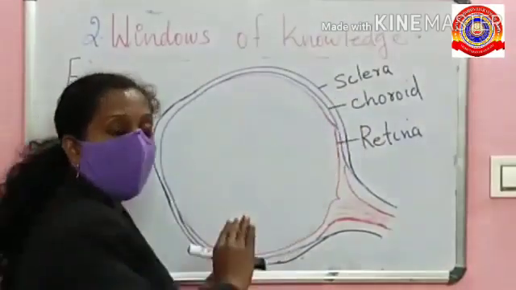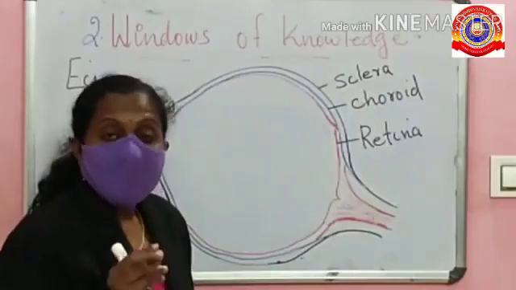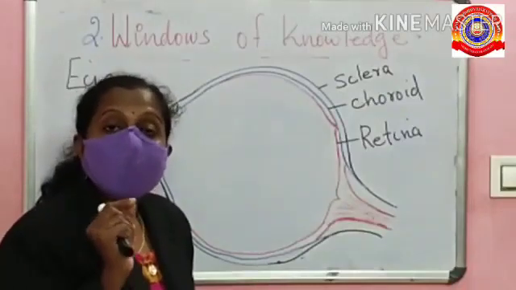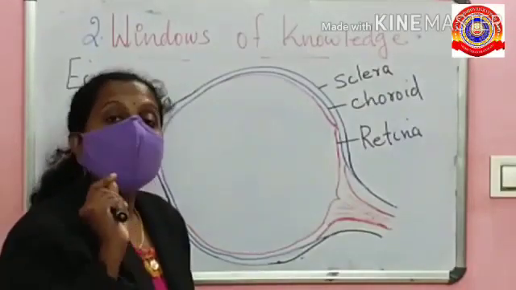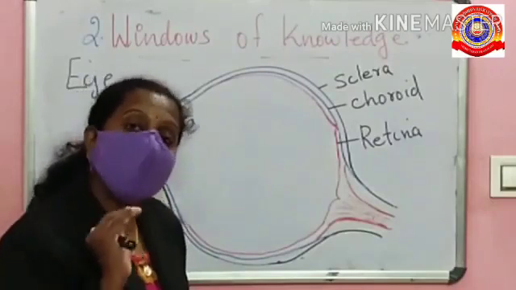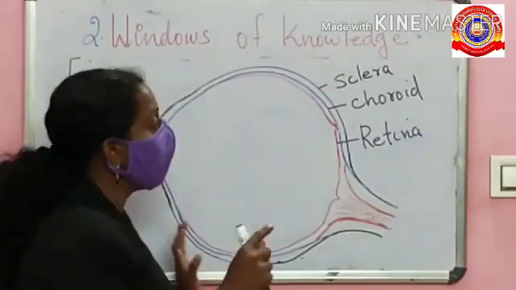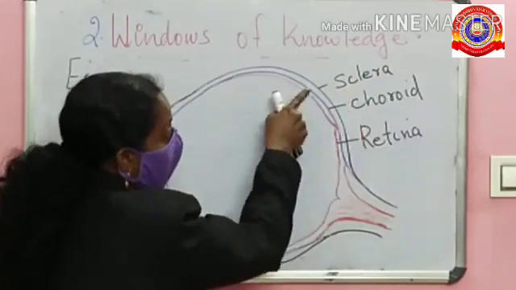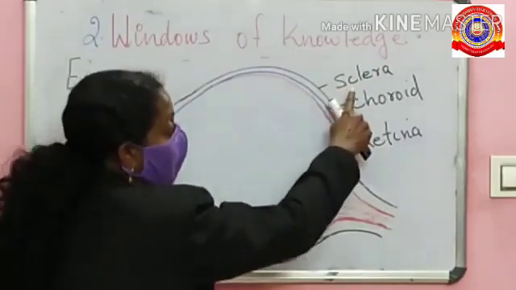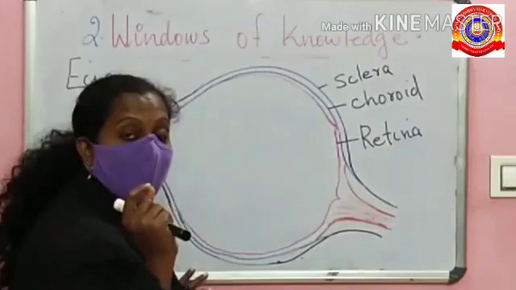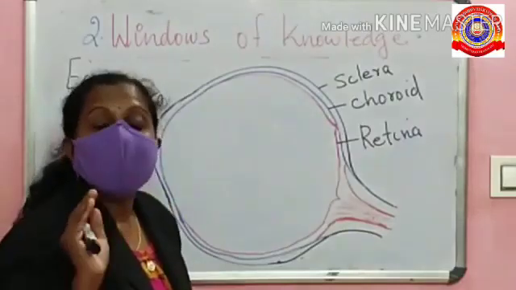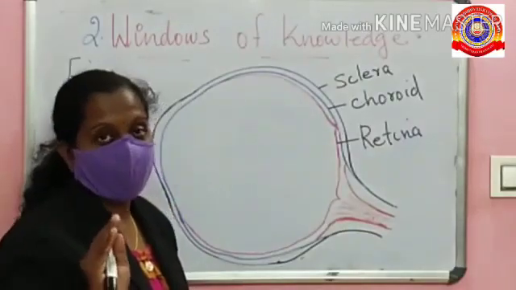Our outermost layer is the sclera, which gives firmness to the eye, and it is made up of connective tissues. 3 points I have mentioned. The sclera is the outermost layer which gives firmness to the eye. It is made up of connective tissues. Okay.